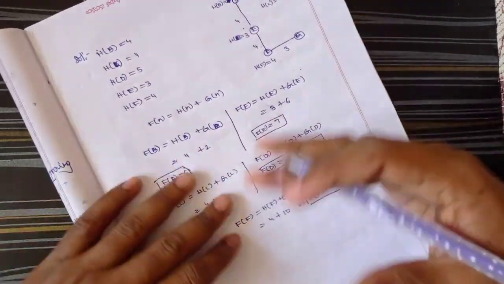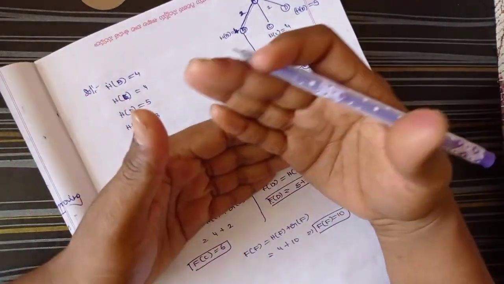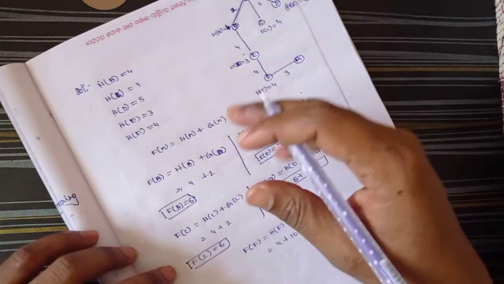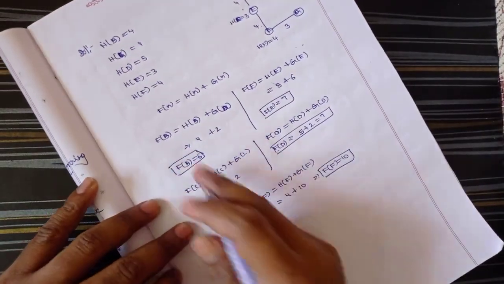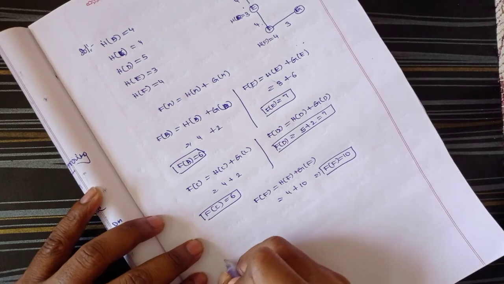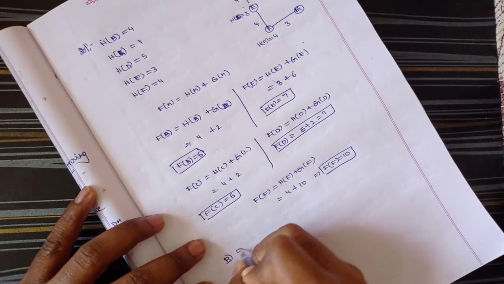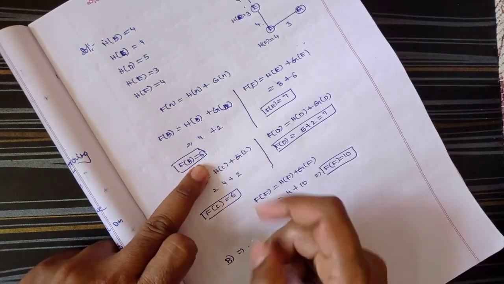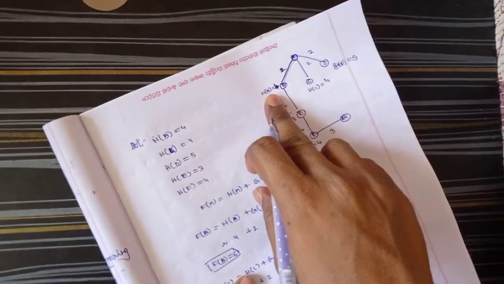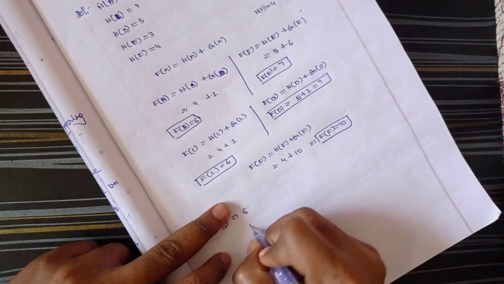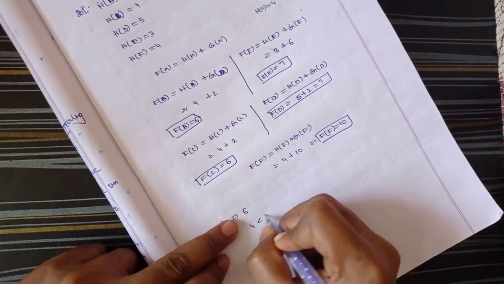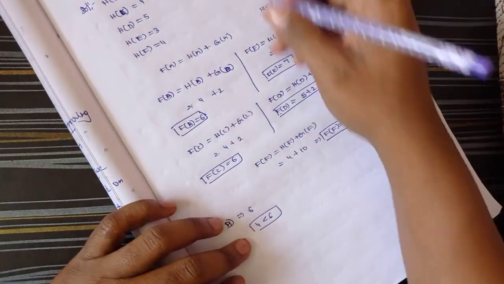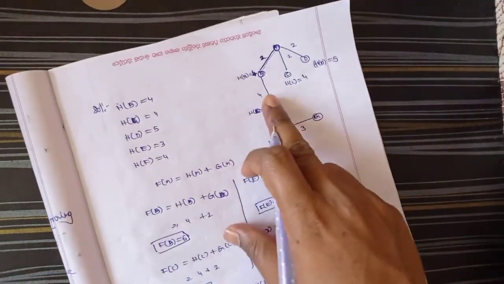To say whether a particular node is admissible or not admissible, we have to consider that node. Let us take node B here. What did we get? We got the value 6, but the heuristic function is 4. So 4 is less than 6, right? The heuristic function of B is 4.